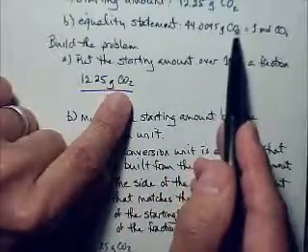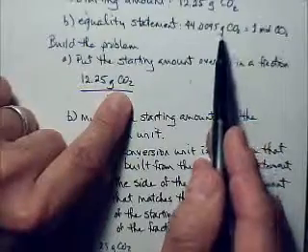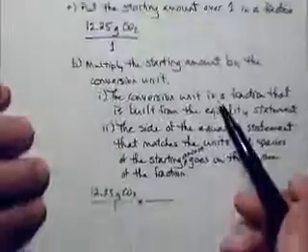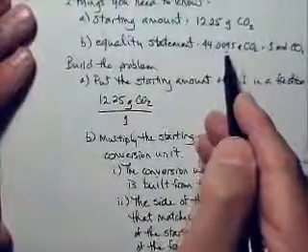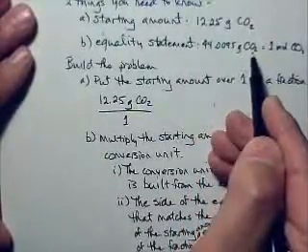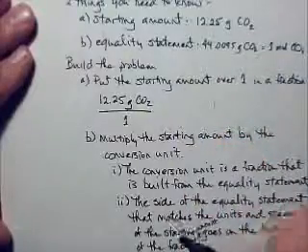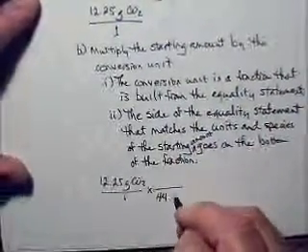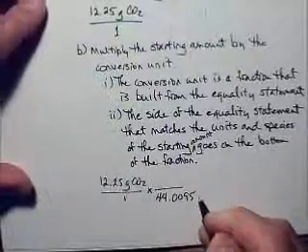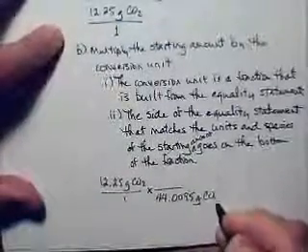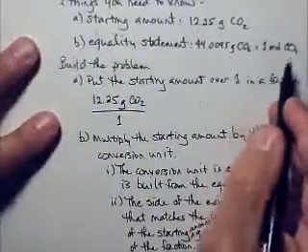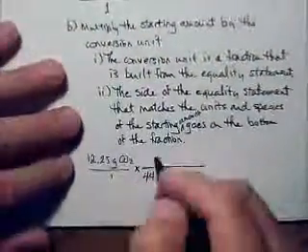Well, this is the side that matches, right? This is grams of CO2. So by what I wrote down here, that part goes on the bottom. So that 44.0095 grams of CO2, the left side of the equality statement, is going to go on the bottom of the conversion unit. And the other side of the equality statement, the 1 mole of CO2, goes on the top.